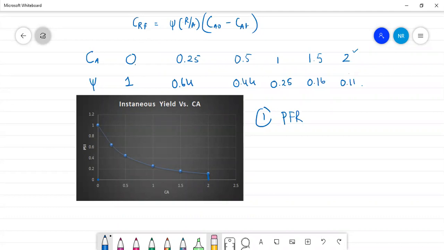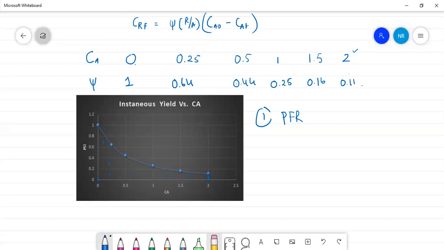So one box, two boxes, three boxes, four boxes. Here this one and this one, five boxes.